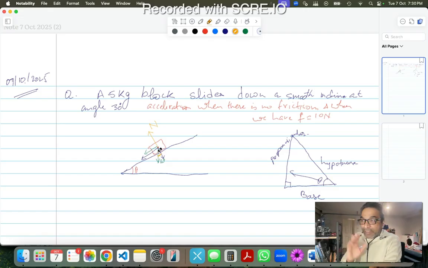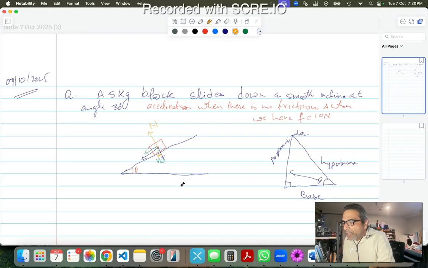When it is not equal, for example in the last example of the elevator moving upwards, it's not equal because there is an acceleration. If we have an acceleration, only that direction has the actual force moving it forward. If that's not the case, then it should be equal to that particular component.